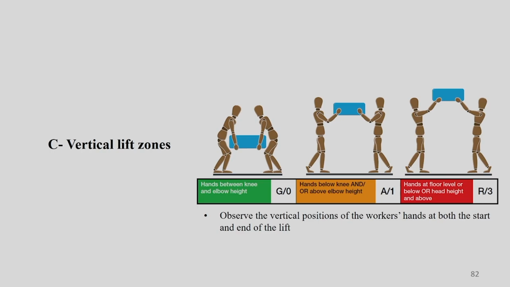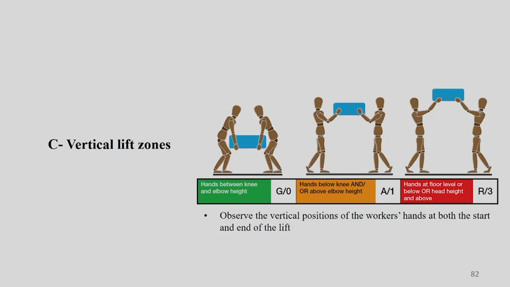Hands below knee or above the elbow height, so near to shoulder height, then it is A, that is amber, and value is 1. If it is above your head, above your shoulder, then it is 3 or red zone. Fine. So always it is the vertical position of the load.